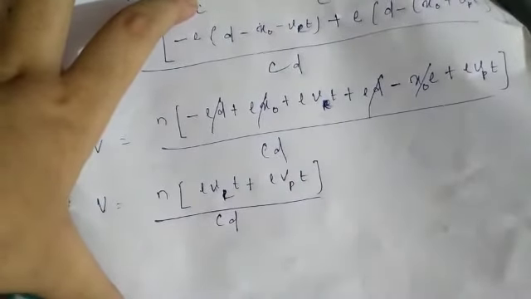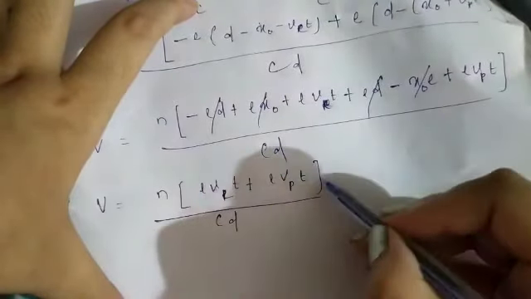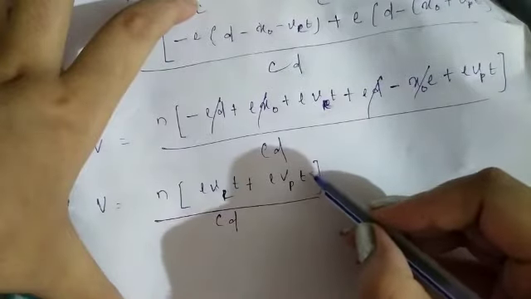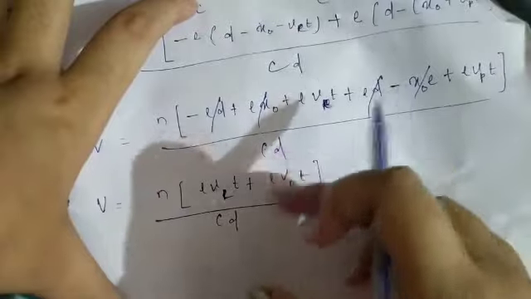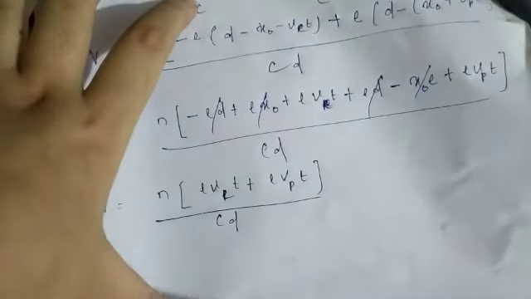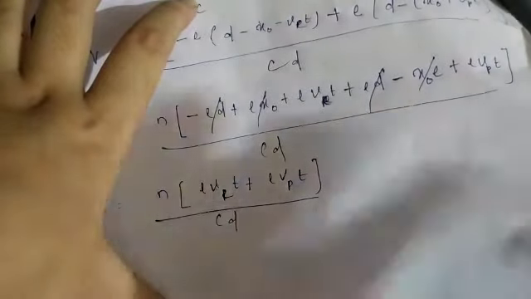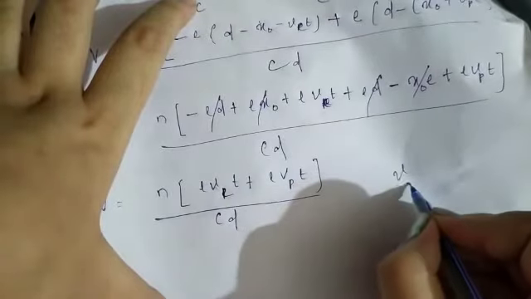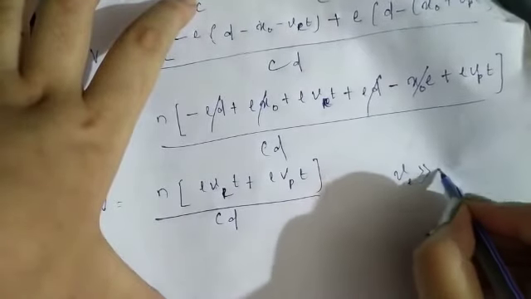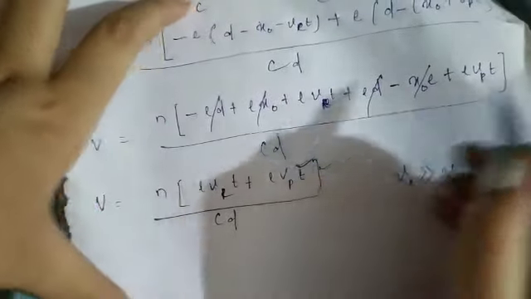If you look at this expression, we can neglect the term e v_p t associated with the drift velocity of positive ions, because the drift velocity of electron is very high compared to this. So v_e is very much greater than v_p, and we are going to neglect this term.